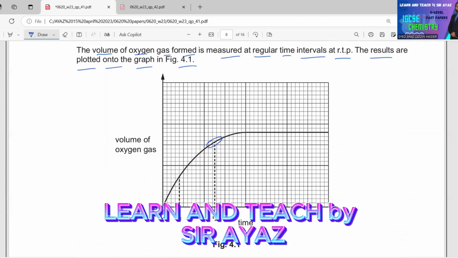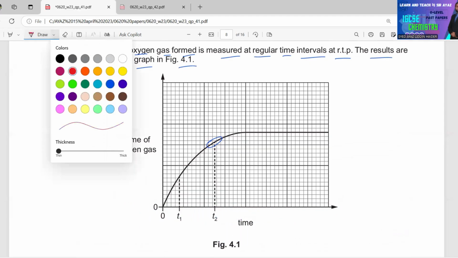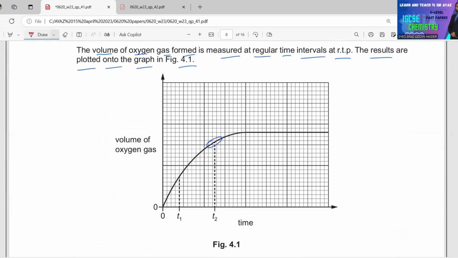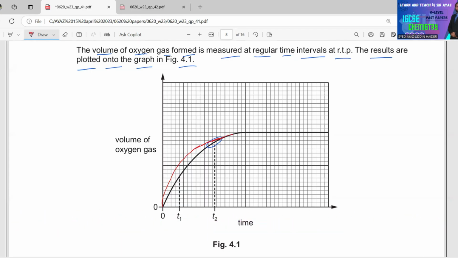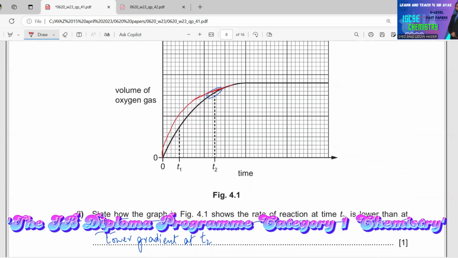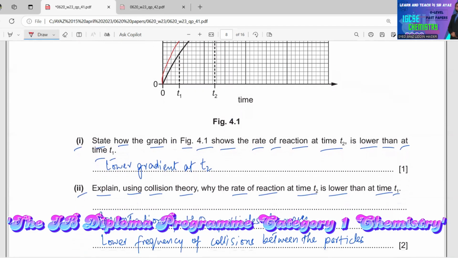So you'll have a steeper graph than this. So it will be like this. Remember, it should level off before the original line. So this will be the curve obtained in this case.